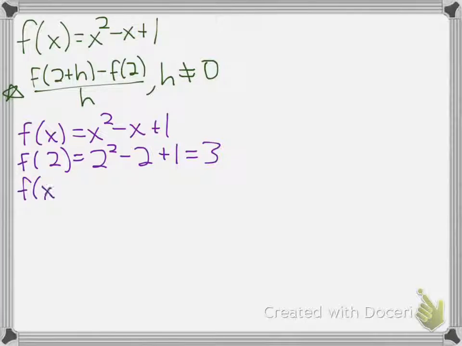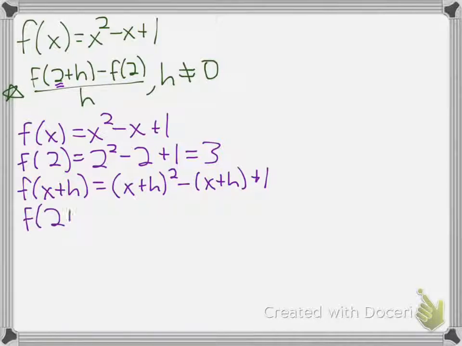f of x plus h would be x plus h squared minus x plus h plus 1. Now instead of simplifying that, I realize it's going to be eventually a 2 plus h. So I'm going to replace all of the x's with a 2. So I have 2 plus h squared minus 2 plus h plus 1. Now this one I've got to simplify a little bit more.